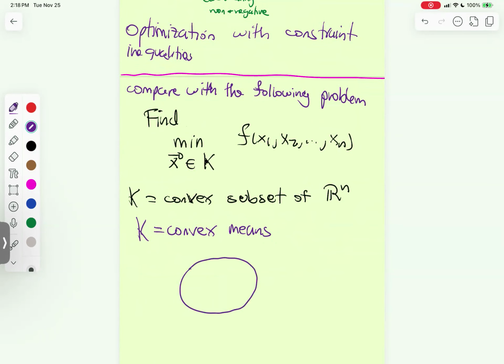I'll just draw a picture. Let me call them x1 and x2.